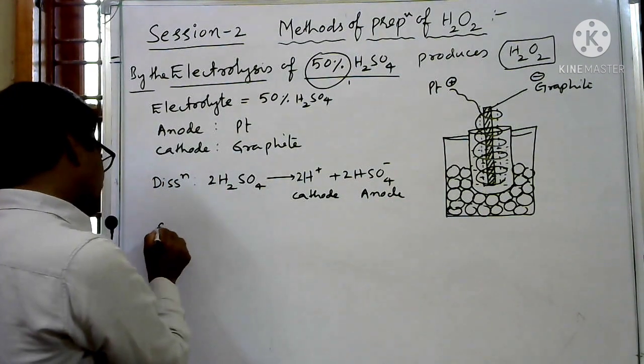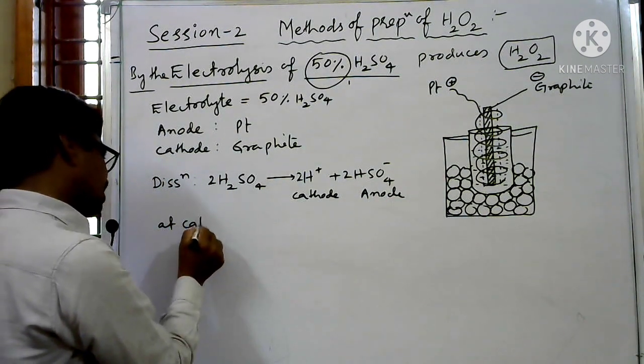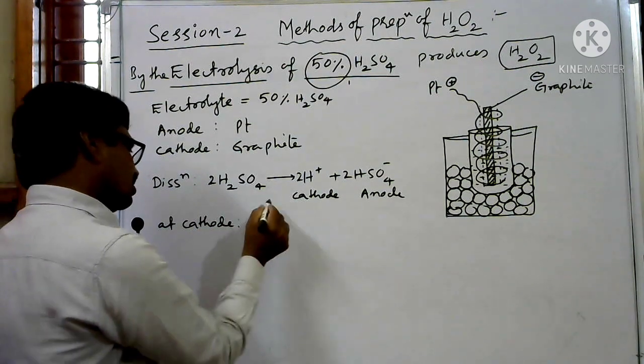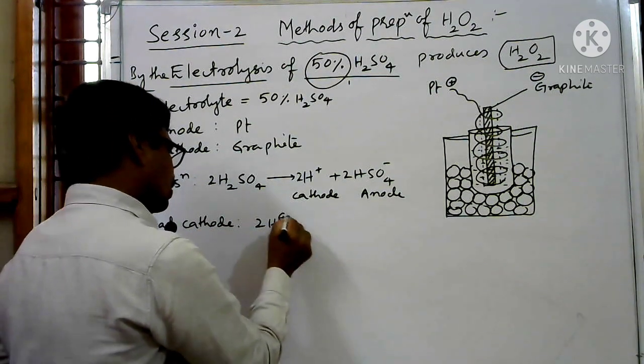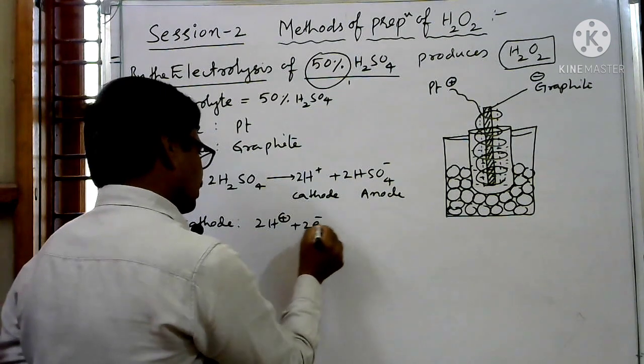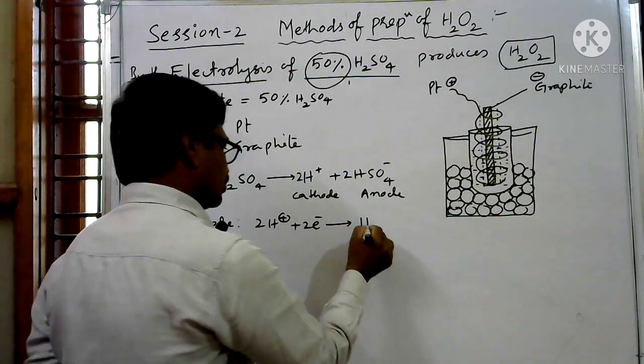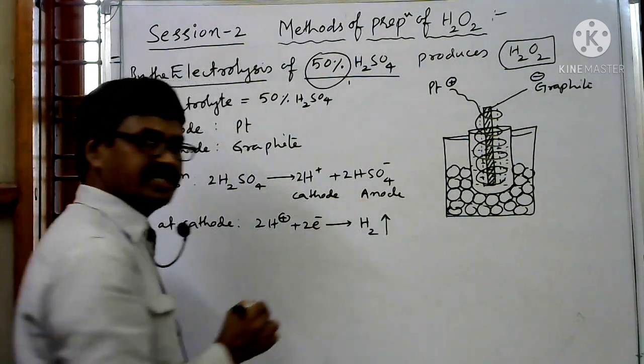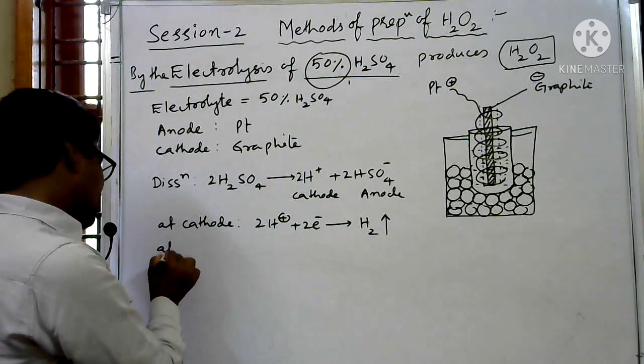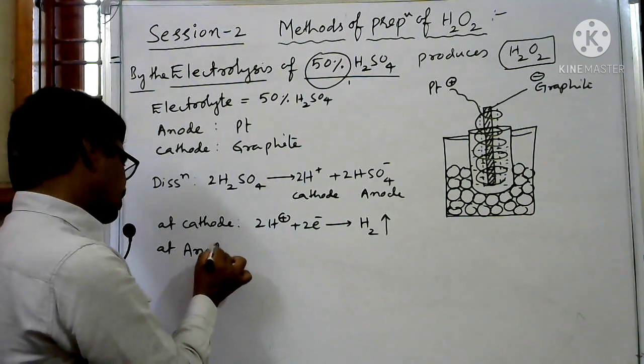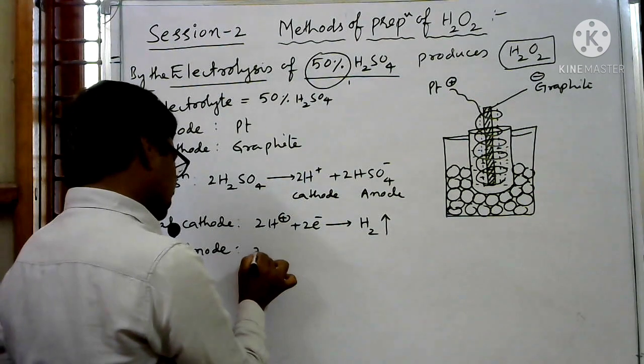At the cathode, the reaction is as follows. Two H+ ions undergo reduction by taking 2 electrons and form hydrogen H2 gas. Hydrogen gas is liberated at the cathode. And at the anode, I am taking 2 HSO4 minus ions.